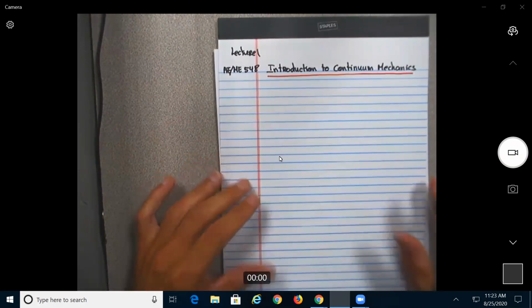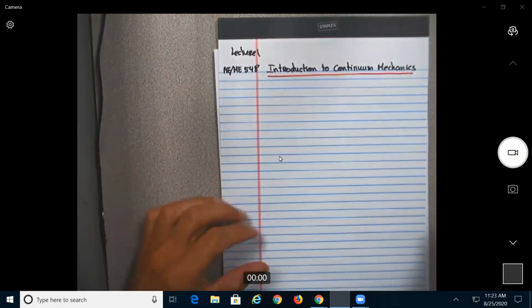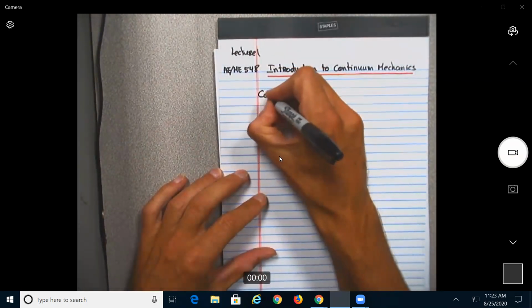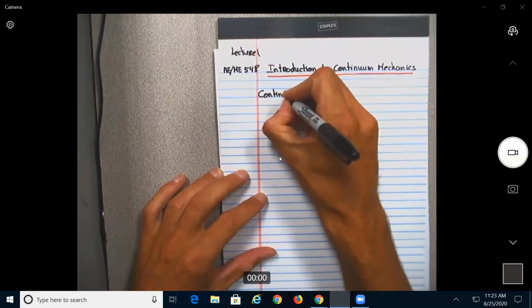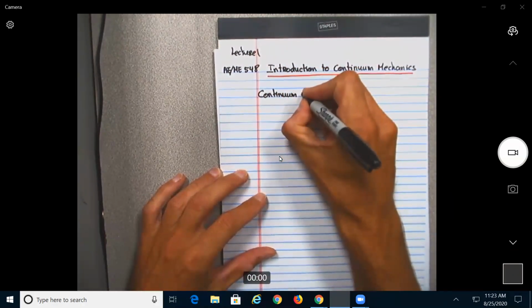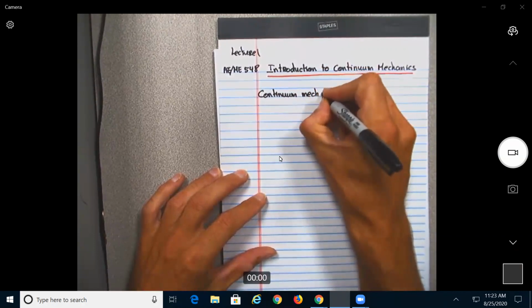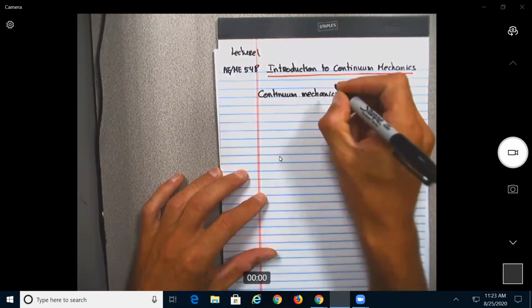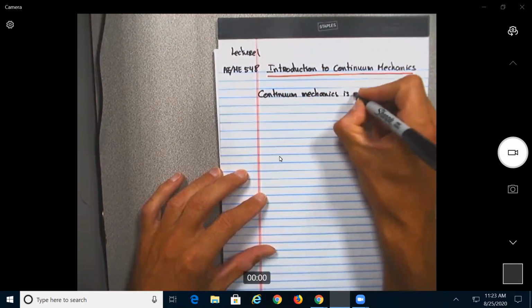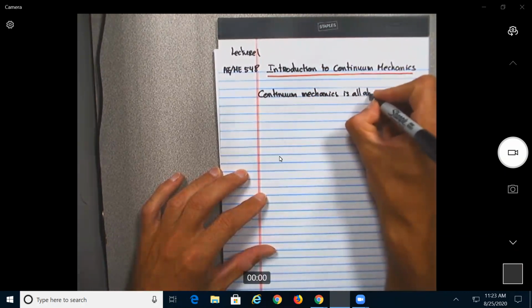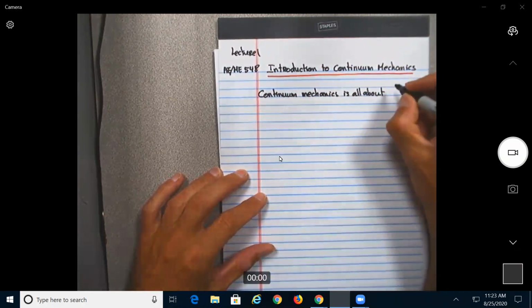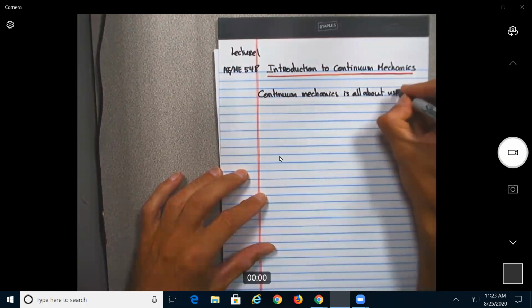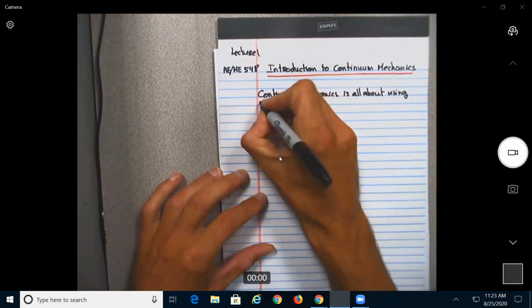Okay, so let's give a general definition of continuum mechanics. Continuum mechanics is all about using linear algebra and calculus.